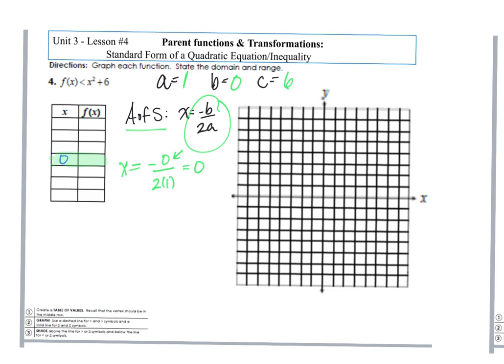Now we're going to plug that back into x squared plus 6. Not 6x, just 6. Silly me.